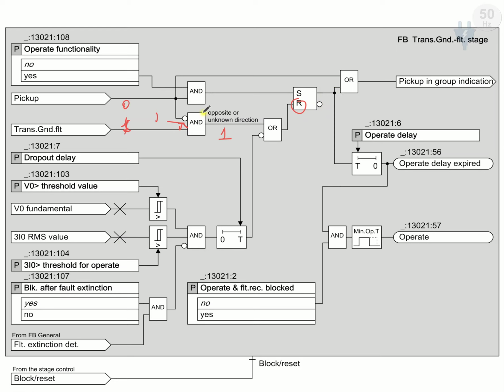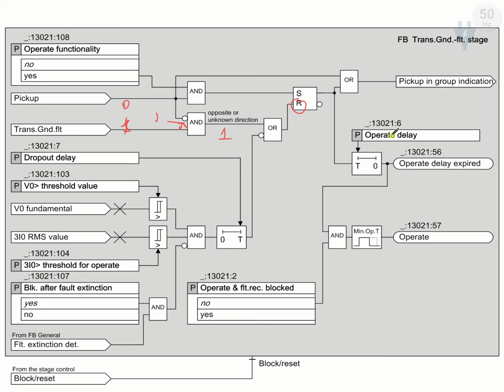And this is due to the opposite or unknown direction of our pickup, because our pickup couldn't have a signal. It means we don't have any pickup, but we have a transient ground fault. It may be an unknown direction, or maybe it is in the opposite direction, not the forward direction, because for the forward direction we had a pickup, and it starts to reset operate.